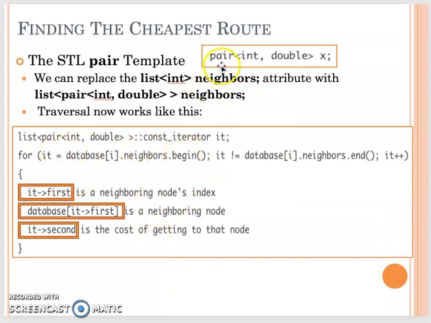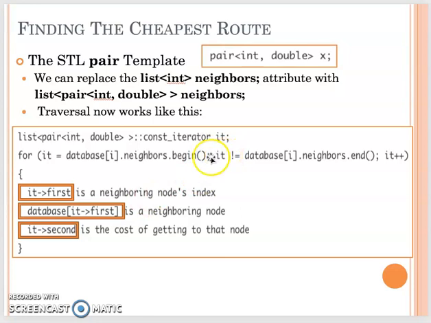Since our node's neighbor list becomes a pair, when we do the iterator for the database neighbor from begin to end, this it actually refers to a pair object.